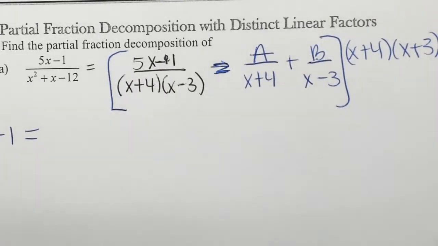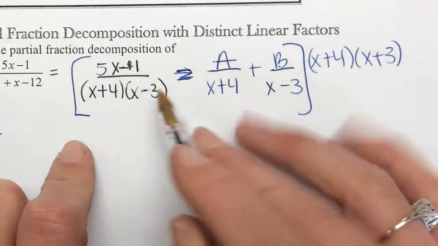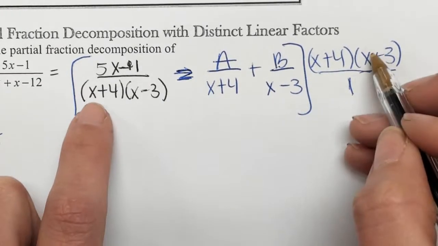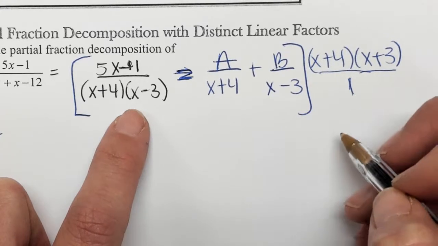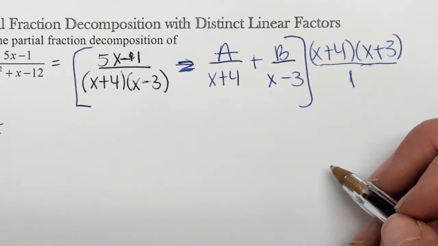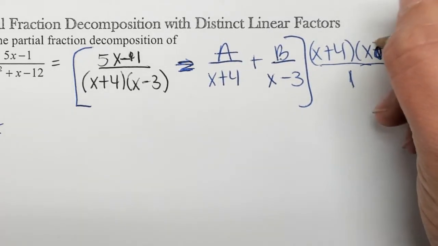Why did you say that cancels? Because this divided by this would be 1. They cancel. Let me put it over 1, maybe that'll help. Now you see? Question: is that supposed to be x plus 4 and x plus 3 or x minus 3 outside? Yes, minus 3, thank you.